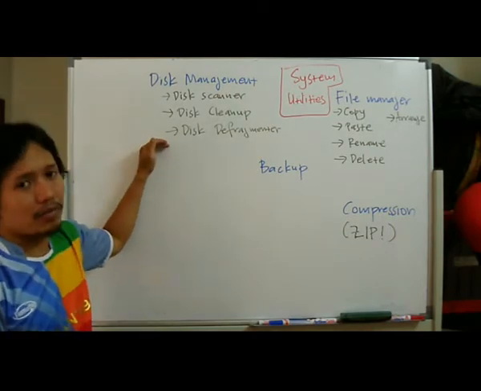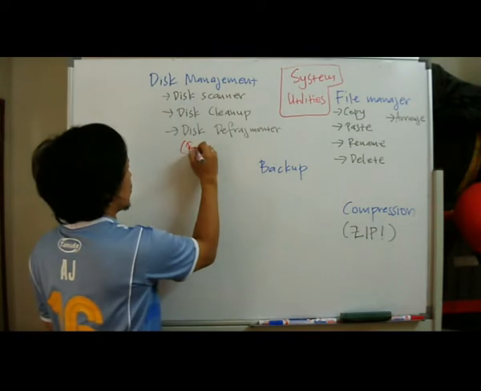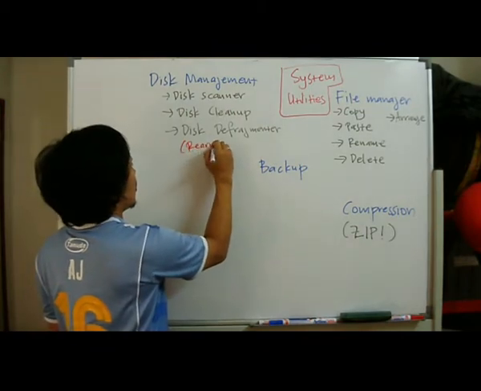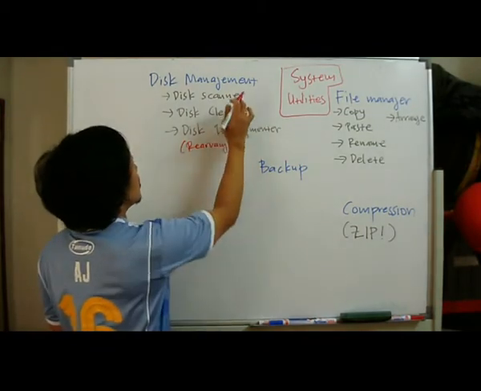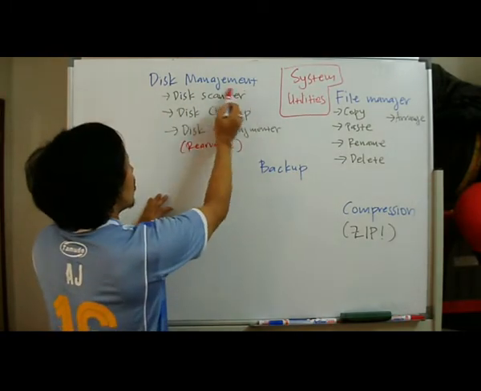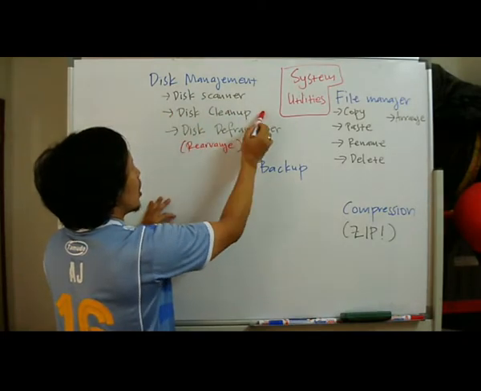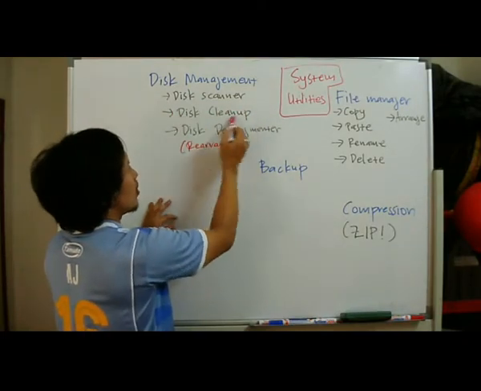And then you can defragment. Defragment is rearranging. So basically, this is scan for anything wrong. Look for anything wrong. This is for getting rid of old items, identifying and getting rid of old items.